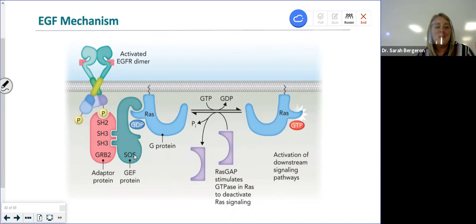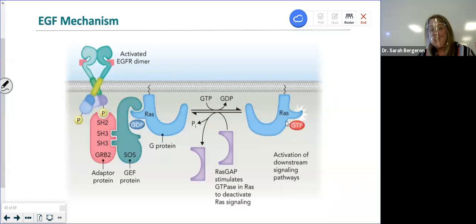You know, so the point is that this is a GEF protein. What's a GEF? Guanine exchange factor. If you have a guanine exchange factor, what can that do? That can take a G protein that's bound to a GDP and make it GTP.